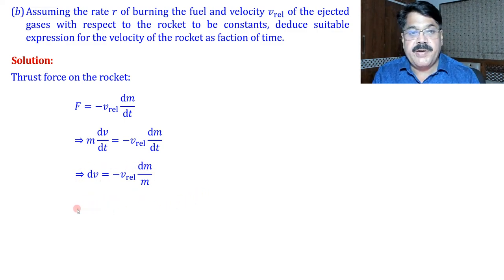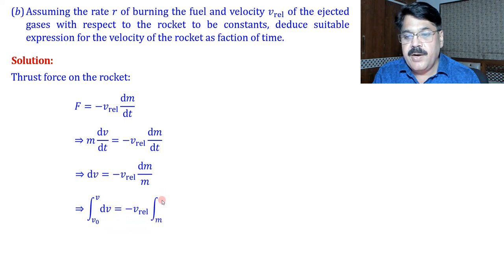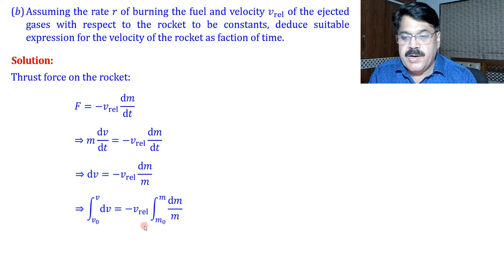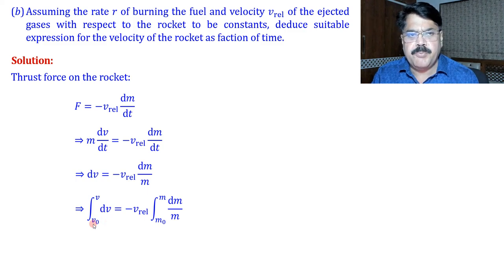Now we incorporate the definite integral. Integral from v naught to v of dv is equal to minus V relative times integral from m naught to m of dm by m. Actually, we are considering a time interval from the beginning, when the mass of the rocket was m naught and the velocity was v naught. Of course, it may be 0, but we are assuming v naught here.